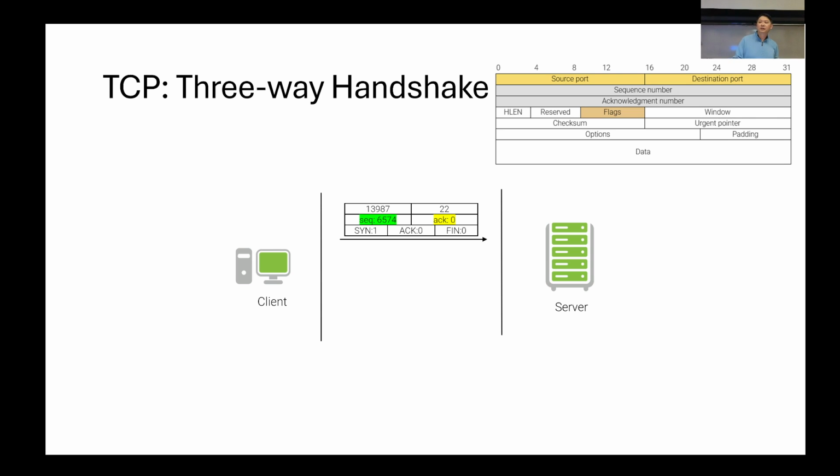What is SYN? Synchronize. If you'd like to talk with someone, you have to sync first. What's the meaning? We need to check, oh, is he available to talk with me, right? Like that, we have to sync before the conversation. So this is the first packet to initiate the handshake, the SYN packet.